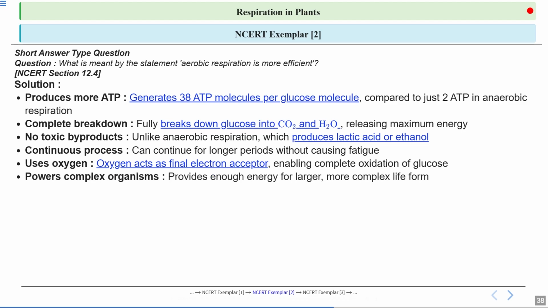Moreover, it provides energy to power complex organisms. This high efficiency is what allows larger and more complex life forms like plants and animals to survive and thrive. Without aerobic respiration, life would be limited to only simple forms. And therefore, aerobic respiration is more energy efficient.